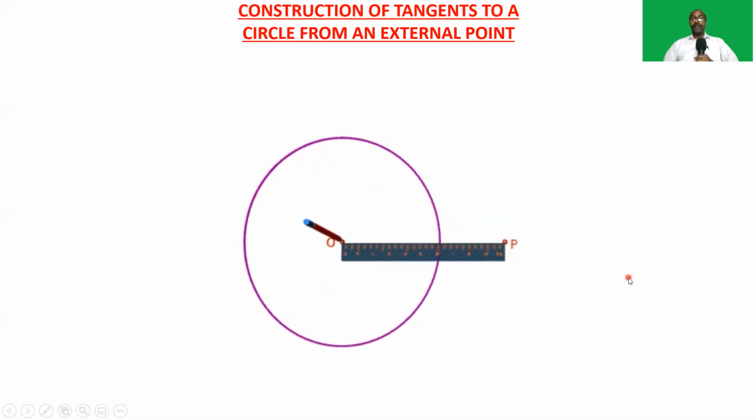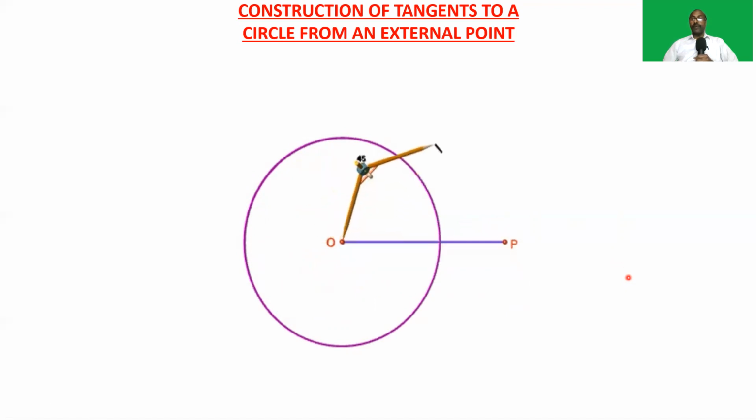Now join O and P, and then draw the perpendicular bisector to OP. I think all of you know how to draw the perpendicular bisector. Draw arcs of equal radii from O and P on both sides of OP, and then join the intersection points of these arcs.